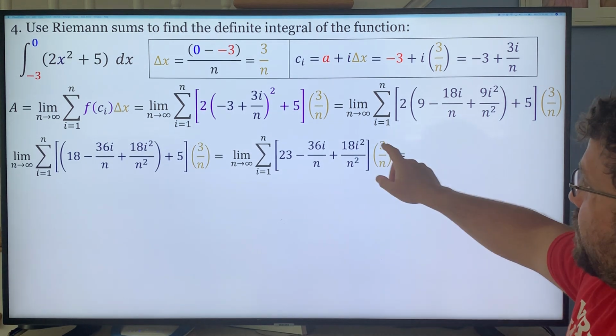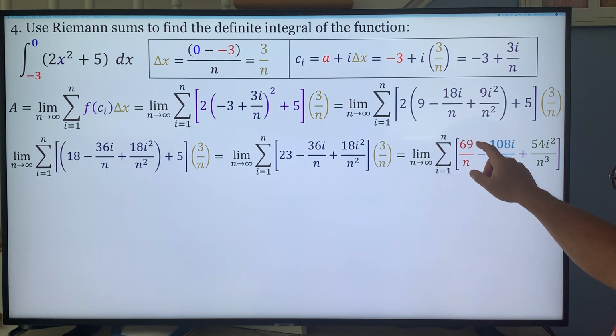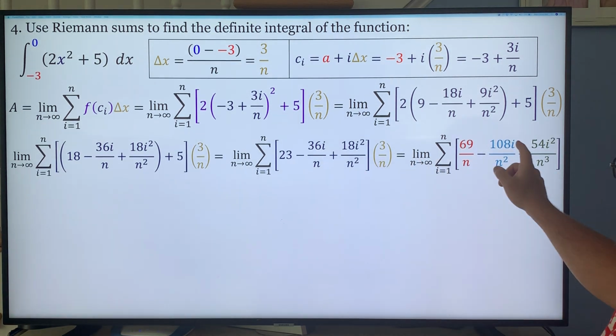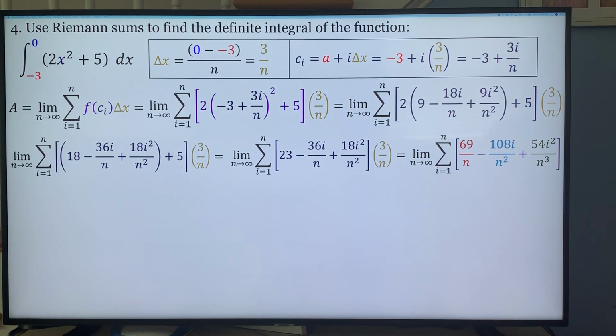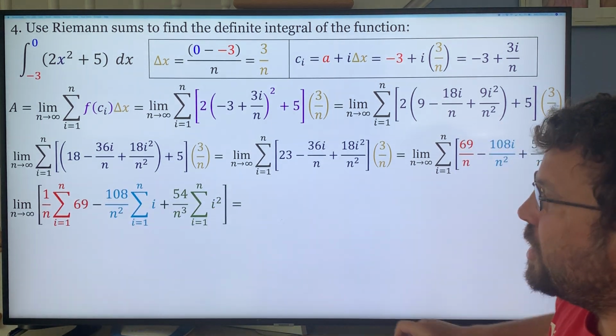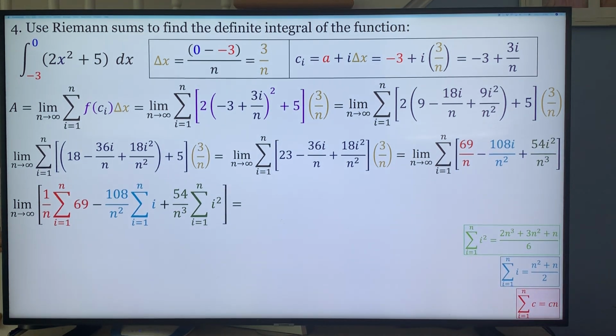And then final last step, multiply all 3 of these by 3, and put an n on the bottom. So you get 69 over n, 108i over n squared, and 54i over n cubed. Awesome. Pull out 1 over n, 108 over n squared, 54 over n cubed, giving you your summation stuff. Go back to your expanded form, summation formulas.